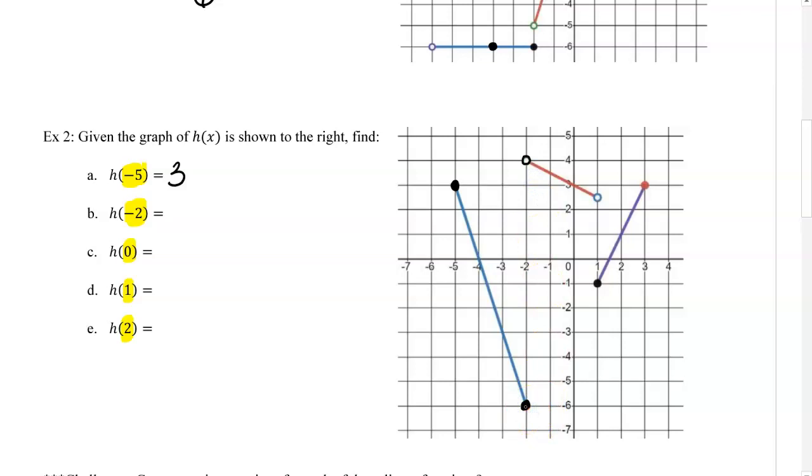I want to go with the closed circle, which is at -6. When x is 0, I get a y value of 3. When x is 1, if I look up, there's an open circle here, and when I look down, there's a closed circle. I want to go with the closed circle y value, which is -1. And then when x is 2, y is 1.